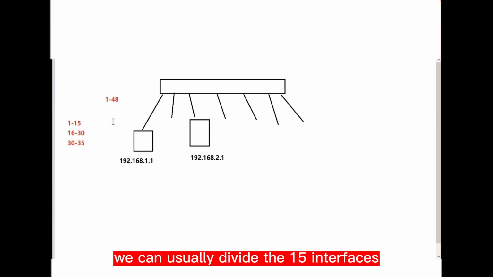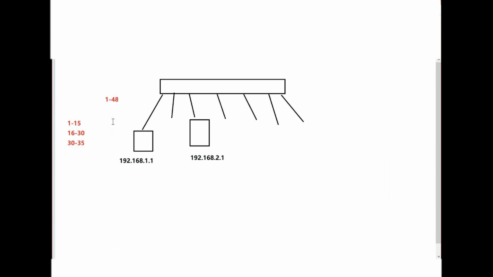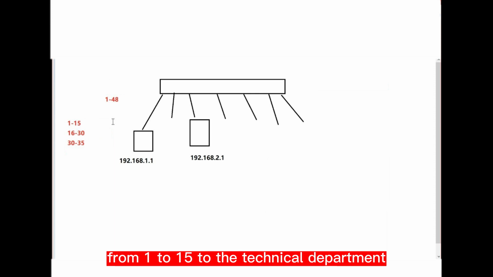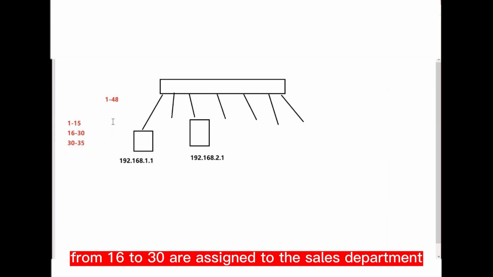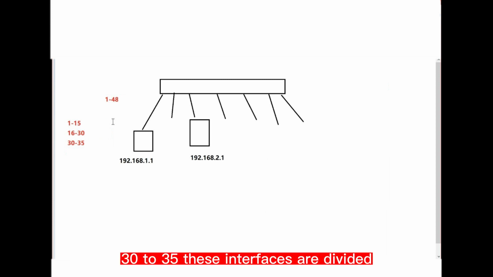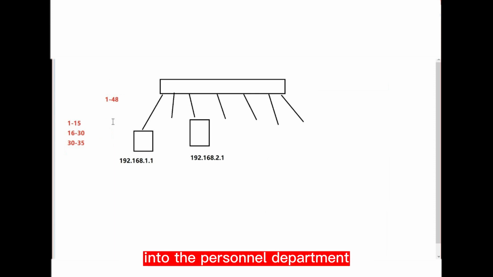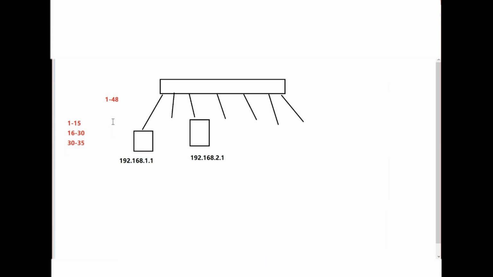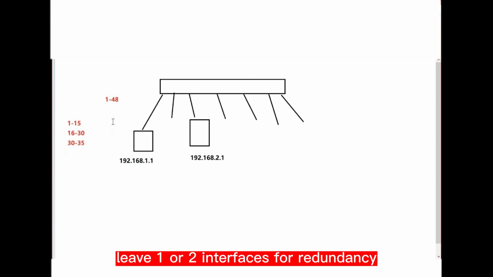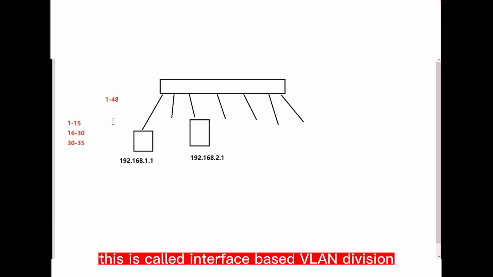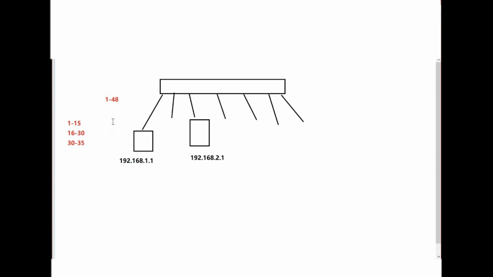We can usually divide interfaces 1 to 15 to the technical department. The 15 interfaces from 16 to 30 are assigned to the sales department. Interfaces 30 to 35 are divided into the personnel department. The rest will be allocated to the logistics department. Leave 1 or 2 interfaces for redundancy. This is called interface-based VLAN division.